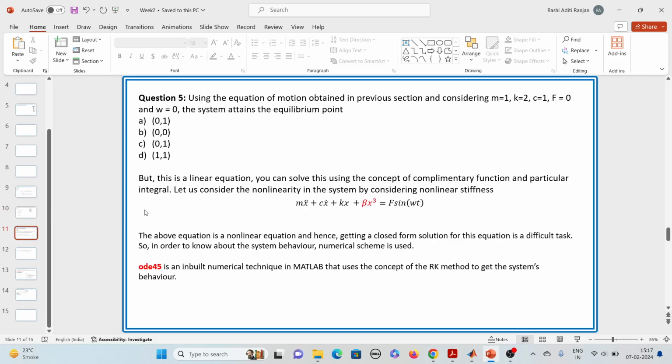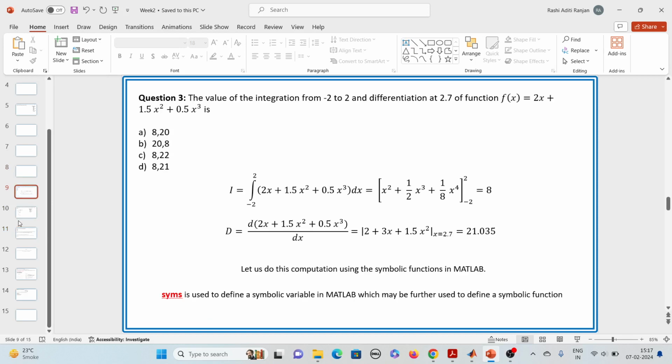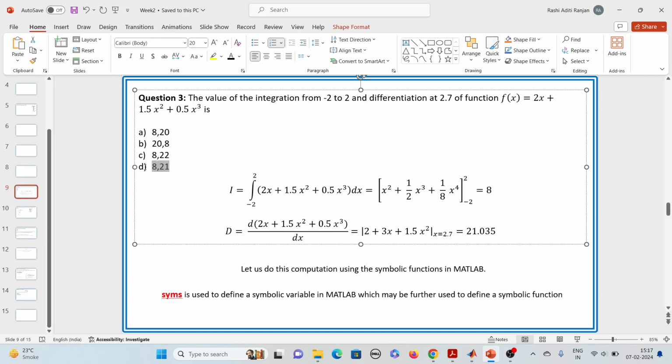Coming on to the next question. Now, using the equation of motion obtained in the previous section, considering m is equal to 1, k is equal to 2, and c is equal to 1. Okay, here the answer is D. I'll just mark it red.